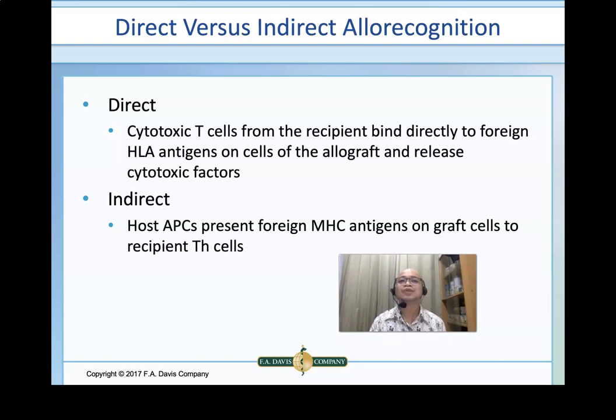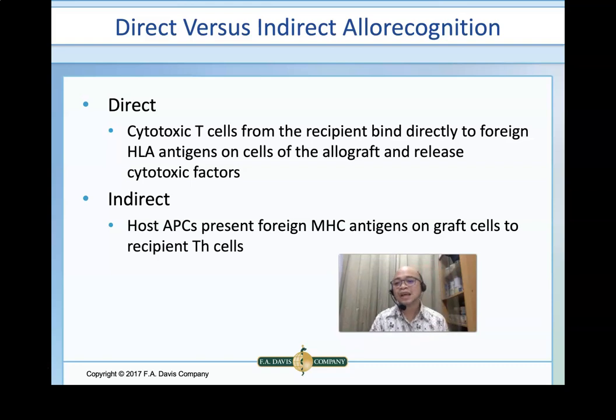Therefore, there are two possible allorecognition pathways. One of them is called direct allorecognition, meaning cytotoxic T cells from the recipient bind directly to foreign HLA antigens on cells of the allograft and eventually release the cytotoxic factors. That way, the organ that has been newly transplanted to you will be rejected.